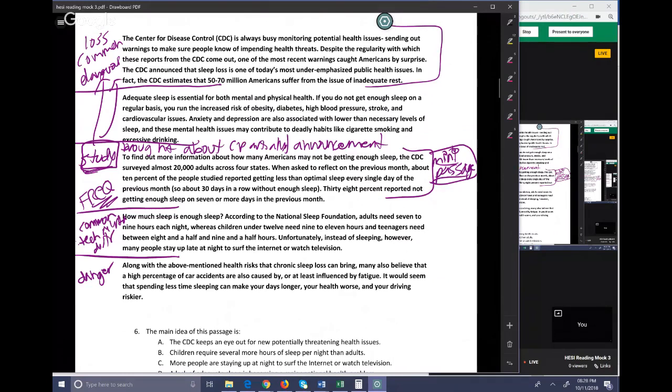So they brought up that not only does it have these long-term chronic effects, it also has immediate dangers like car accidents. And then it says, it would seem that spending less time sleeping can do these three really big things. And that sort of sums up each of the paragraphs, each of the focuses that we had along the way.